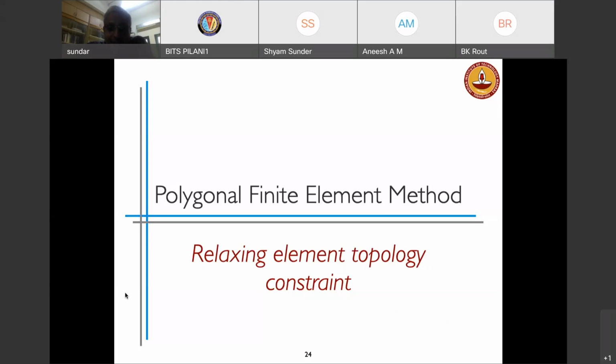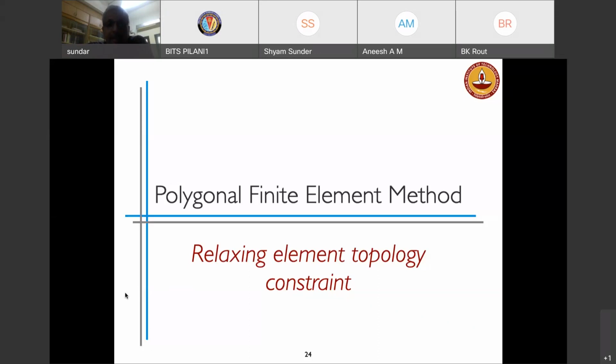But the constraint actually came from the fact that we write the unknown field as certain functions, and these functions were defined only on certain geometrical shapes and only on a specific space. For example, we call that the isoparametric space. Now here with this rational thinking, we can allow the domain to be discretized with arbitrary polygons, right?